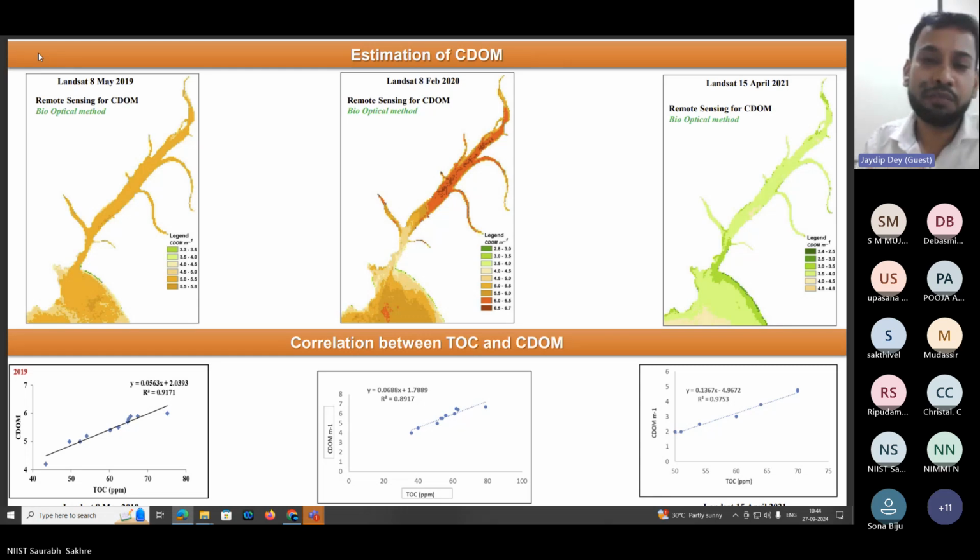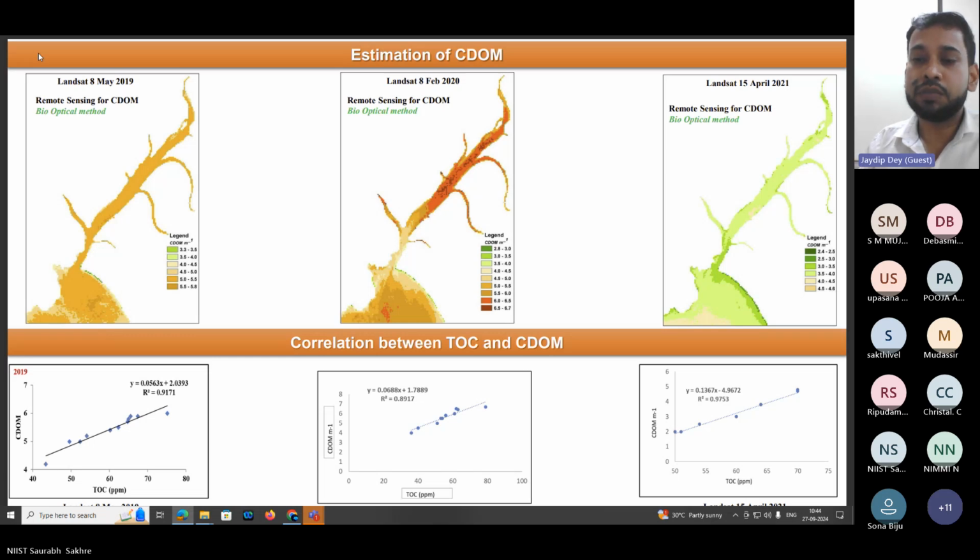Why is it not happening? Because it is colored dissolved organic matter, and what organic matter does is absorption. When the presence of organic matter is very high, it creates absorption instead of reflectance, which is why reflectance is less here, and this trend is not matching with turbidity, suspended solids and temperature.